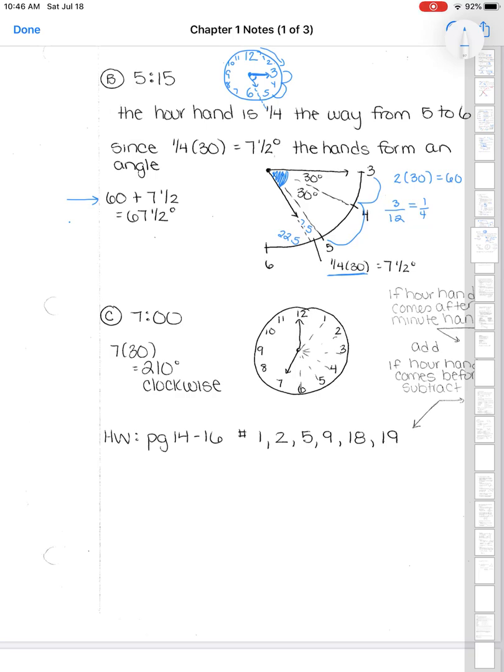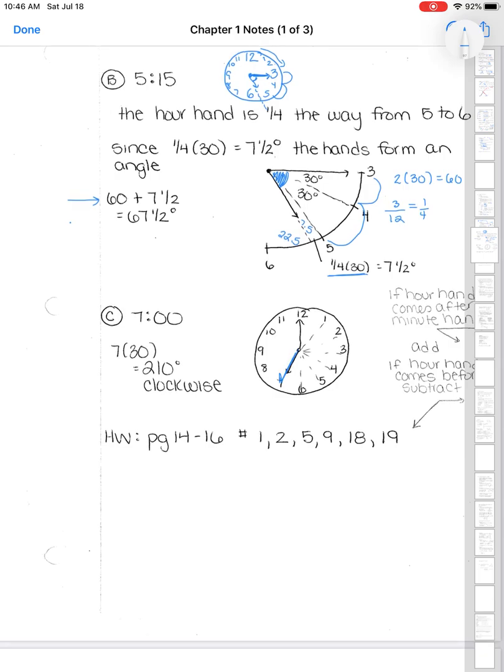And then what you have to focus on is, is the 22.5 inside the angle that we want, or the 7.5? Well, if this is the angle that we want right here, the 7.5 is what falls in between. So that's why we're doing 60 plus 7.5, which gets us 67.5 degrees.